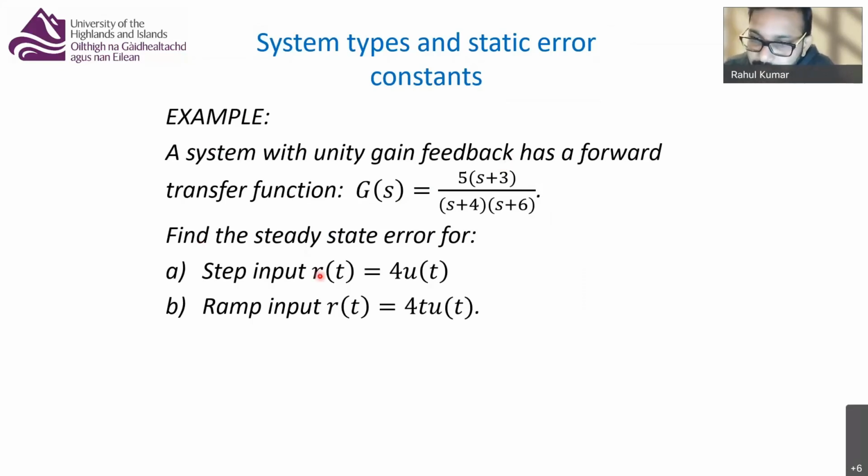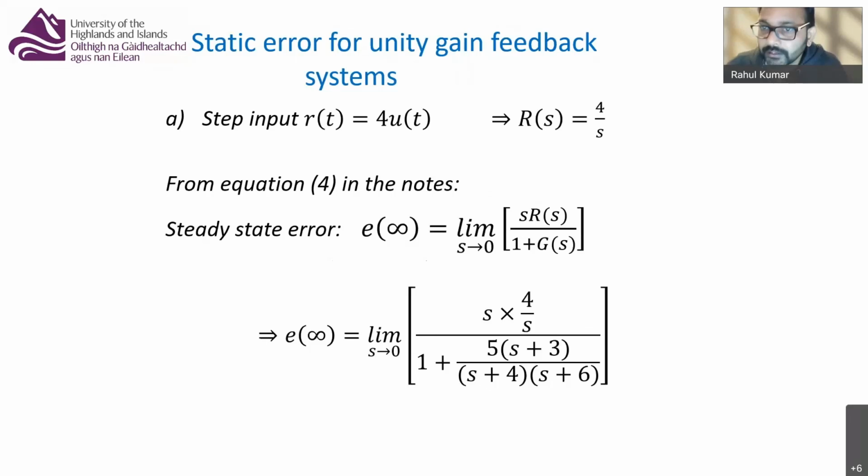The step input r of t is not unity, its magnitude is 4. 4 multiplied by u of t. So its initial magnitude is 4. Similarly, ramp input is 4t u of t. They are given. So I have to calculate the steady state error and all. Right. So let's take the first part.